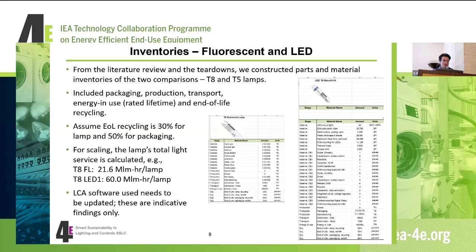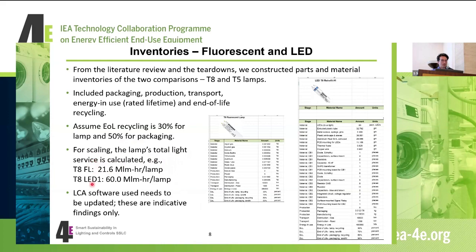And then I guess I say here that for scaling, the lamp's total light service output is calculated. So for the T8, this is just one example. The T8 fluorescent, as I mentioned, was a 20,000 hour lamp, and I think it was 1,350 lumens. So over its lifetime, it will produce 21.6 megalumen hours from that lamp.